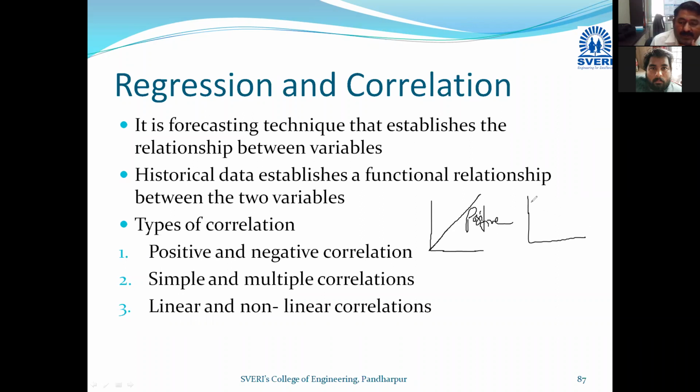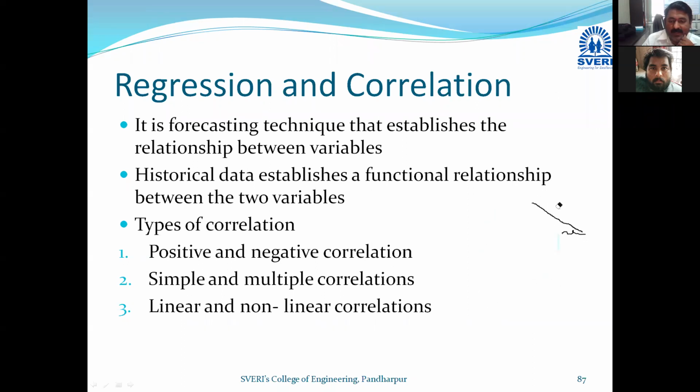If one of the factors increases and the other factor decreases, I can call it negative correlation. So in one case you observe an increase, and in the other case you observe a decrease, and you call these positive and negative correlation.